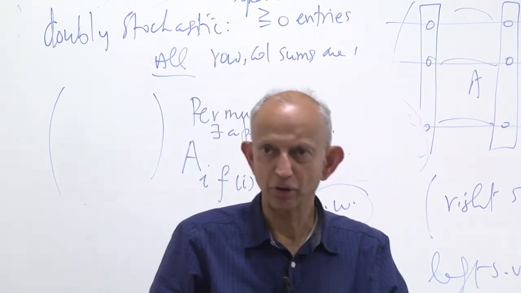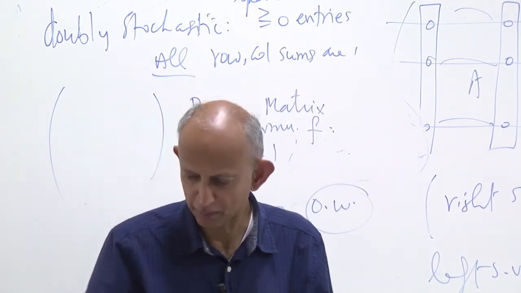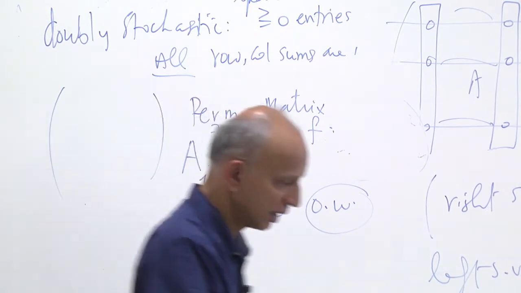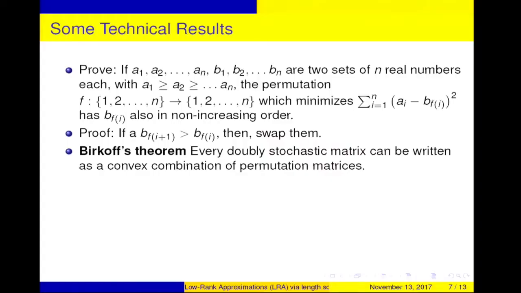The identity is one such matrix, and there are n factorial permutations, right? So Birkhoff's theorem says every doubly stochastic matrix can be written as a convex combination of permutation matrices. I won't prove that, but I'll just assume it.